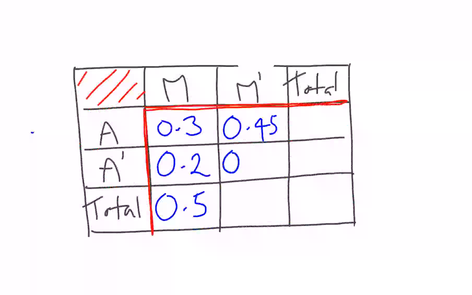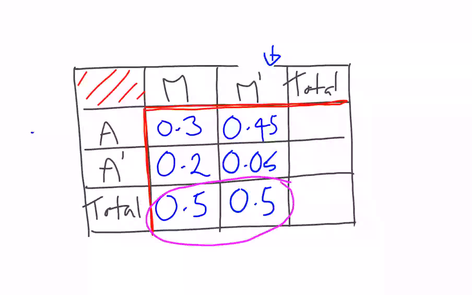Put that one in, 0.05. We can add up that probability, 0.45 and 0.05 means we've got a 50% chance, 0.5, that they don't do music. And that makes a lot of sense, because the probability that you do music and the probability that you don't do music has to add up to 1.